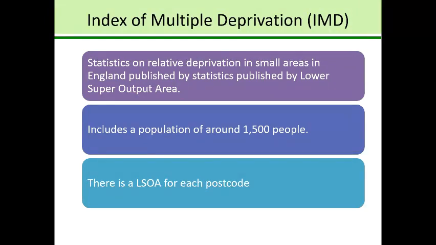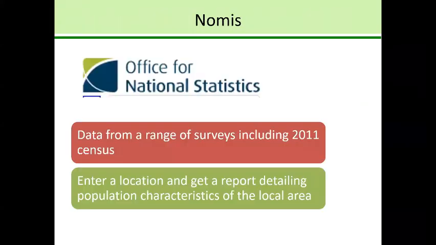So as I said, the index of multiple deprivation breaks down to LSOAs, about 1,500 people, roughly the size of a postcode. The Office for National Statistics has a huge number of data sets there.